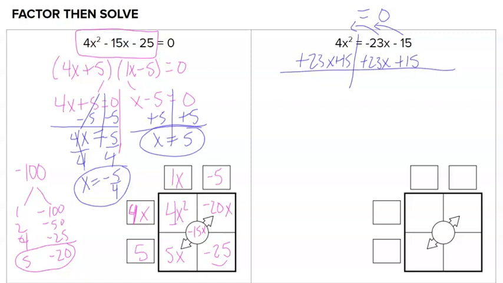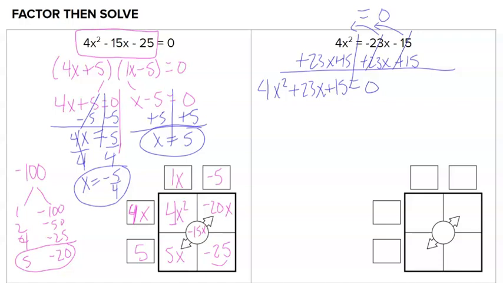So really when we do this, when we take one term and move it to the other side, all you need to do is just make sure you change the sign to the opposite. So instead of minus 23, it's going to become plus 23. So when I write it over here, it's going to be 4x squared. And then it's going to be plus 23x. And then it's going to be plus 15 equals 0.